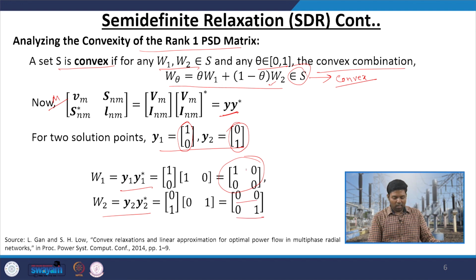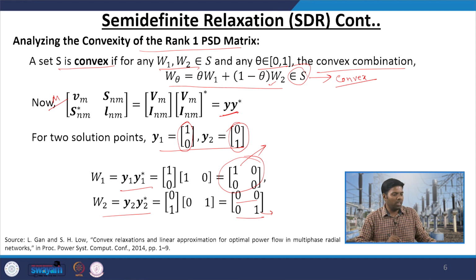So, you can see for W1 you have only one row which has a non-zero component. For W2 also, only one row has a non-zero component. That means you have only one linearly independent row in W1 and W2.